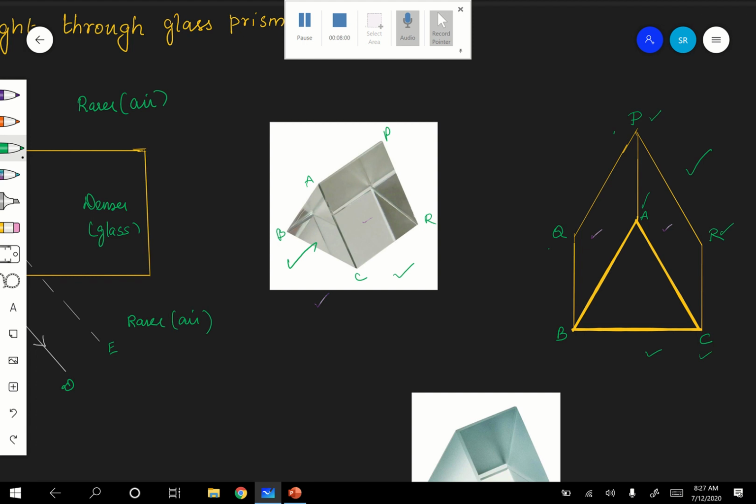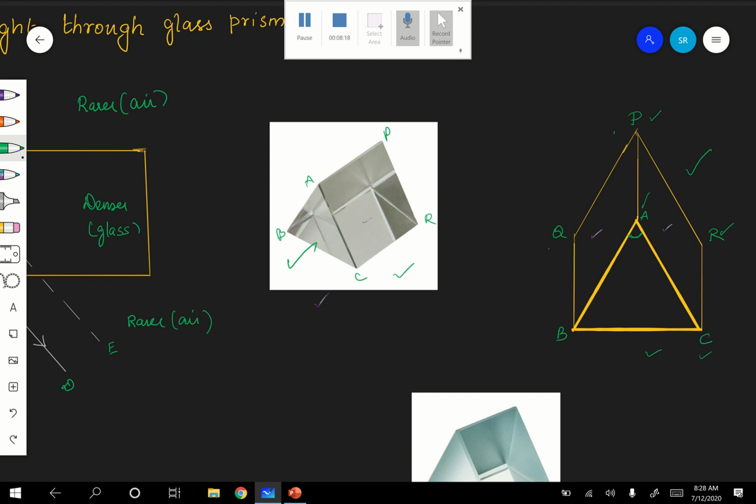These two are the plane faces, which are inclined to each other at a suitable angle. Are you following, children?